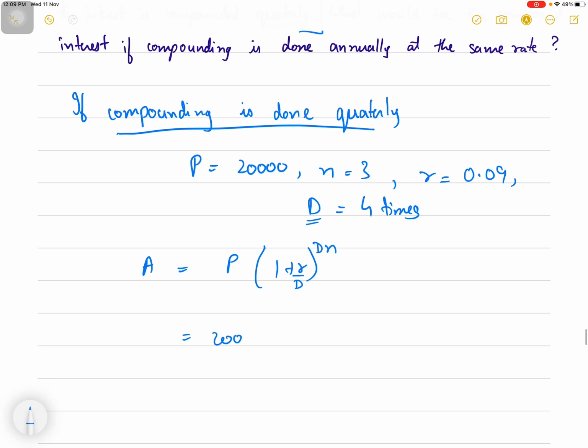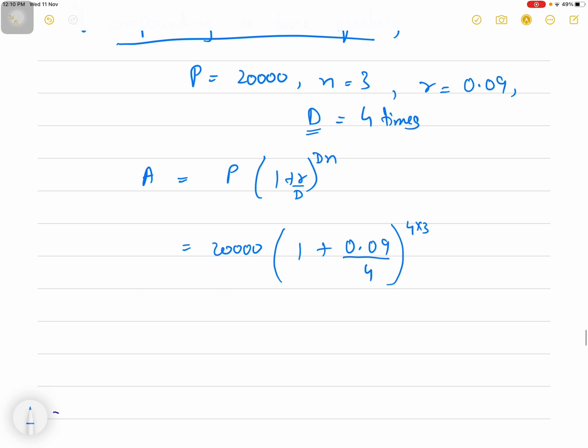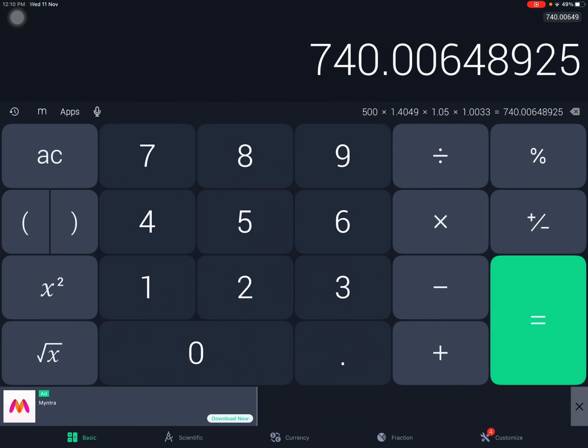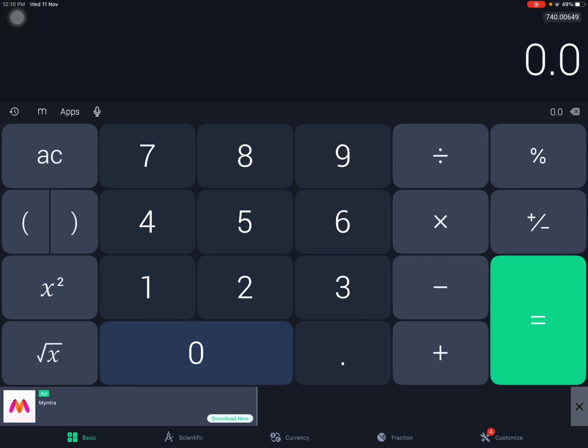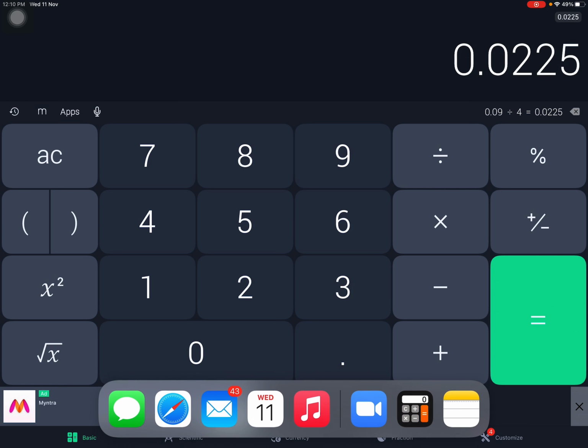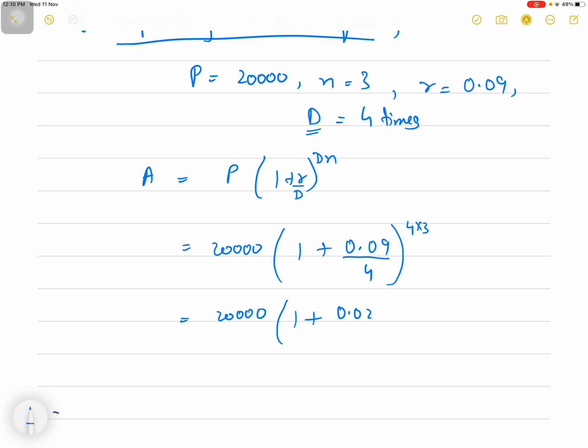Principal is 20,000, 1 plus 0.09 upon 4 raised to 4 into 3. 0.09 divided by 4 is 0.0225. 4 into 3 is 12.